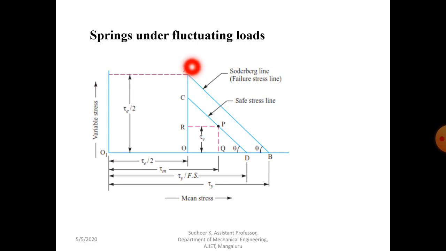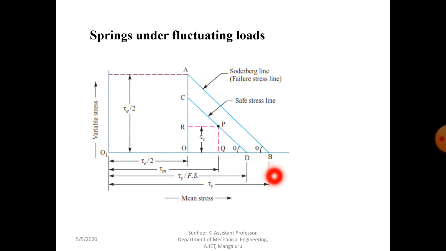Point A is at x distance tau e by 2 and y distance again tau e by 2. It indicates the failure point of the spring wire in a fatigue test with the pulsating stress cycle.